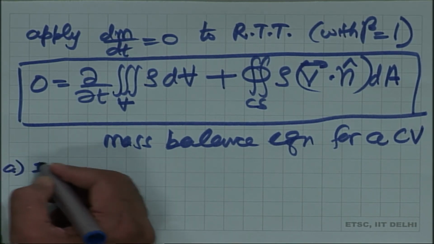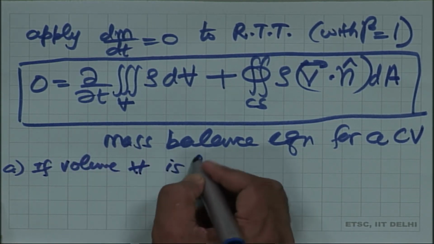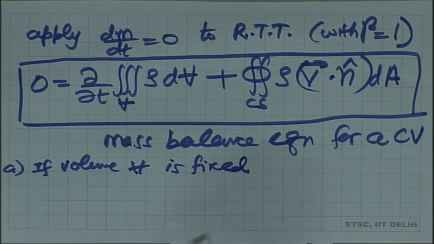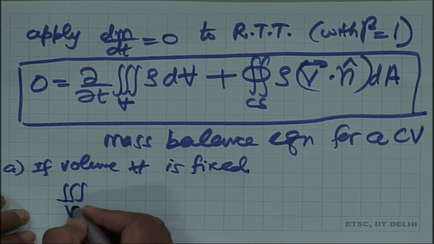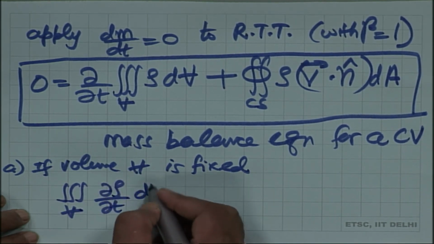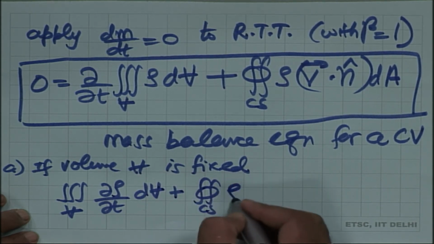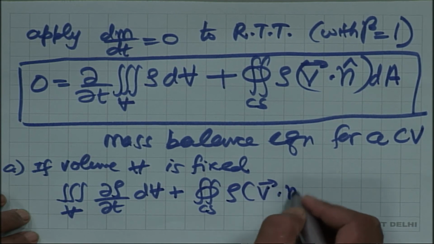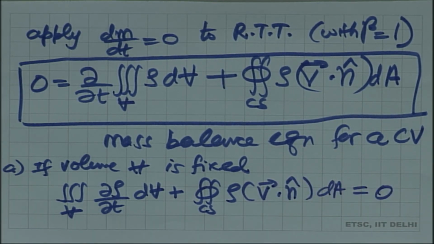Case 1, if volume V is fixed, then you get the integral over the volume of partial rho by partial t plus the integral of rho v dot n dA is equal to 0.